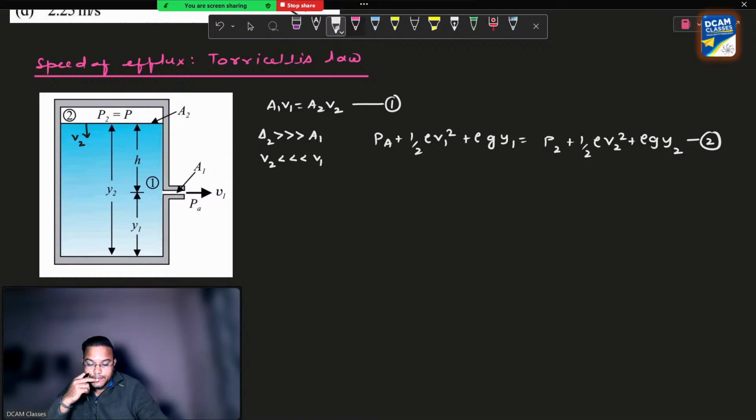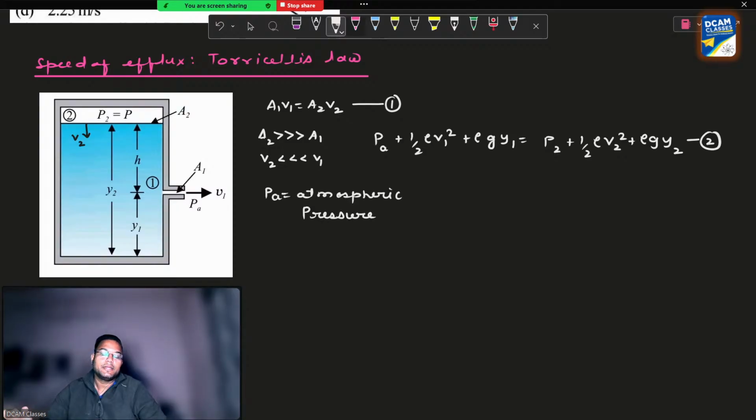Now what is there? This is PA. You understand what this PA is? PA is atmospheric pressure, because it is open to atmosphere. Whenever something is open to atmosphere, the pressure is PA there.